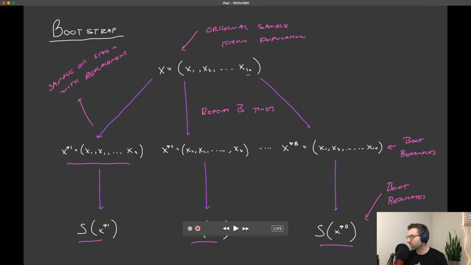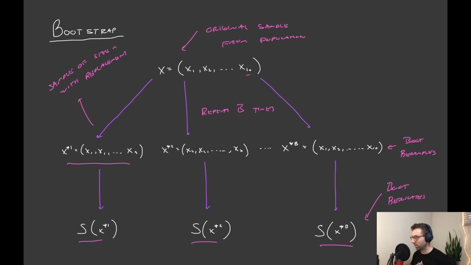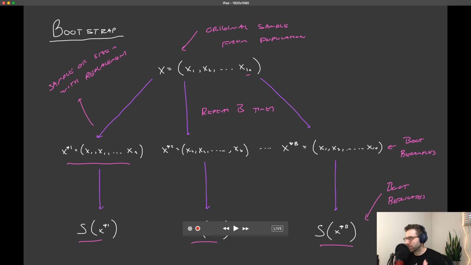So this idea of creating these Bootstrap resamples is probably going to be the most important concept in this course, because later when we get to random forests, this idea will be in the middle of that method. So we need to know how this works. But again, if you have a data set up at the top here, and you have a statistic that you're interested in, and you want to get an interval estimate, Bootstrap, there you go.